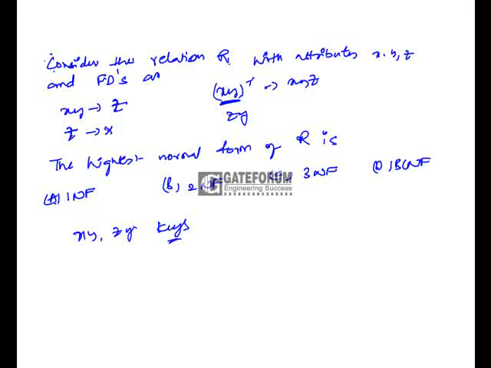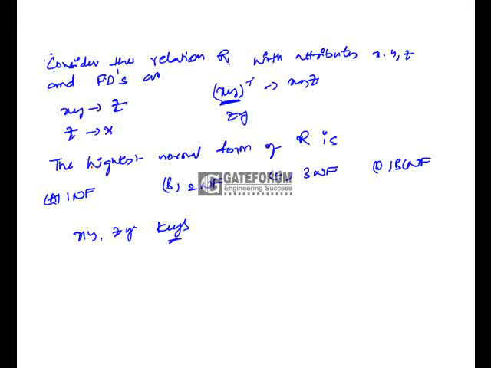Once we find keys, we have to check if that table contains any partial dependencies or transitive dependencies. Here the key attributes are x, y and z. When all the attributes of the table are key attributes, then we can simply say that the relation will be at least in 3NF.